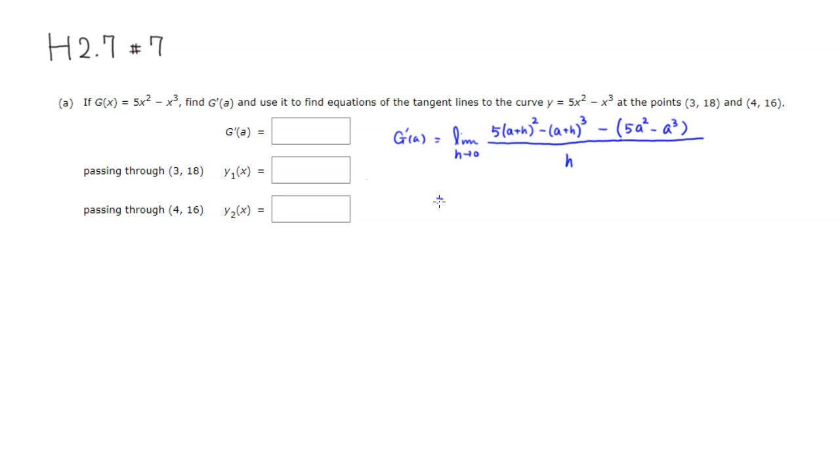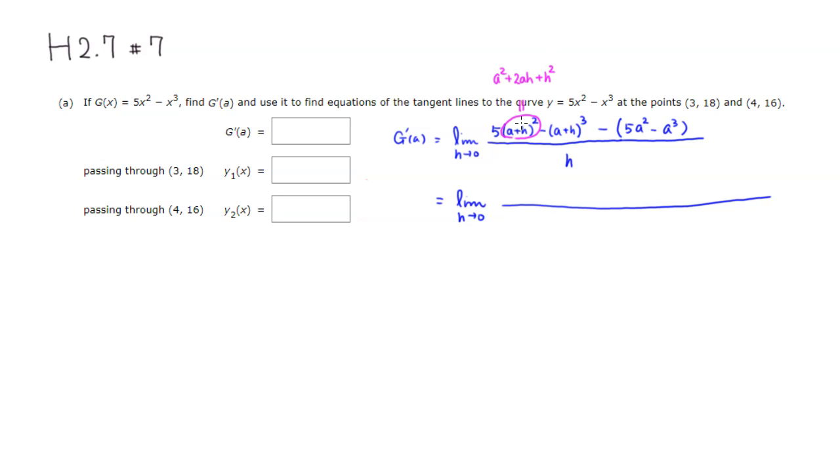Then we just need to multiply out. So you have a limit as h approaches 0. This is left alone. I'm going to do a little computation here. a plus h squared is a squared plus 2ah plus h squared.